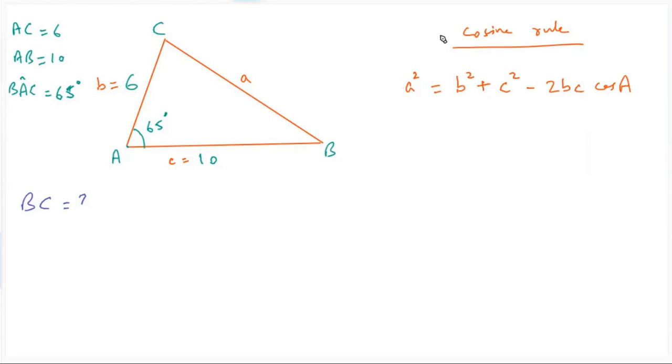अब ये भी आपको देखना है कि ये angle कौन सा है. ये जो angle आपके पास आ रहा है ये कौन सा है, ये आपको देखना है. जो angle आप use करते हो ना, तो left side पे जो length आ रही होती है, उसके opposite angle आपके पास cosine rule में आ रहा होता है. Does that make sense? This is the angle opposite. ये बहुत common mistake है, आप confuse कर देते हो कि angle कौन सा use करना है.